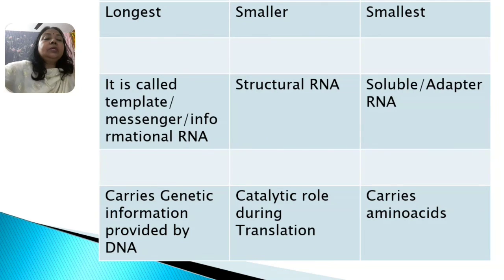The messenger RNA carries the genetic information that is provided by the DNA. The role of ribosomal RNA is a catalytic role during the process of translation, and the one and only role of the transfer RNA is to carry the amino acids.